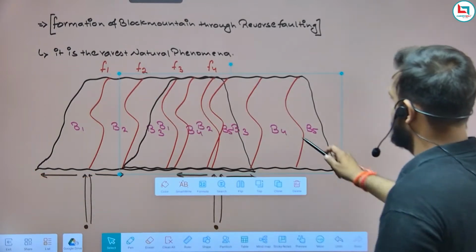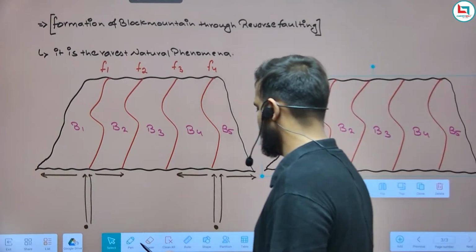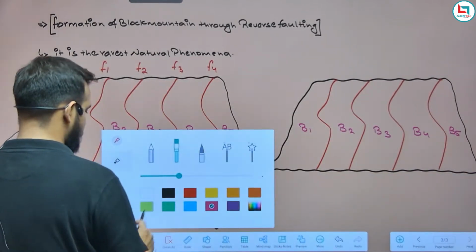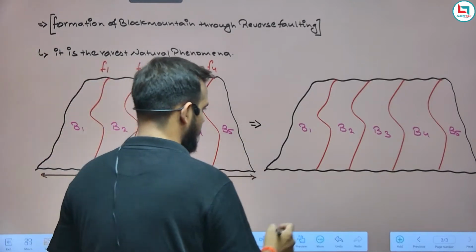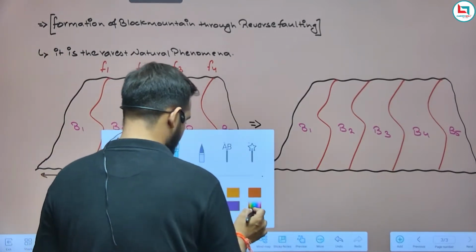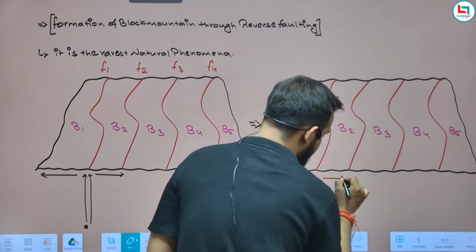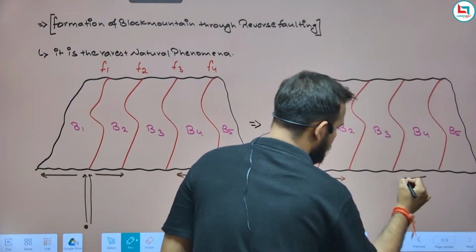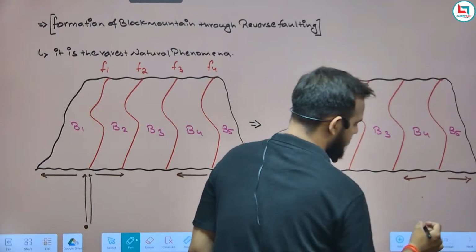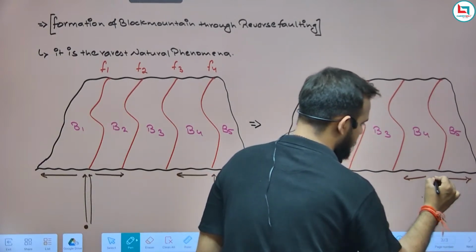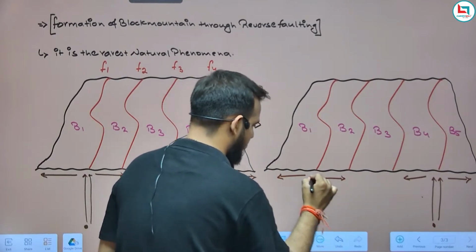Now, come on, let's talk about this particular thing. So guys, what would be the case? The case would be like this. Here, B2 is moving this side and B4 is also moving this side, and B1 and B5 are diverging. This is the mantle plume.